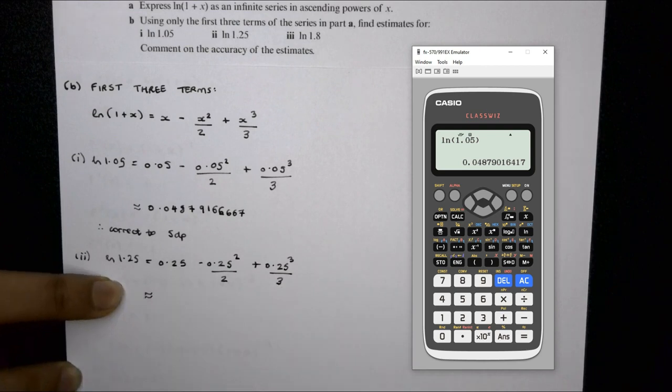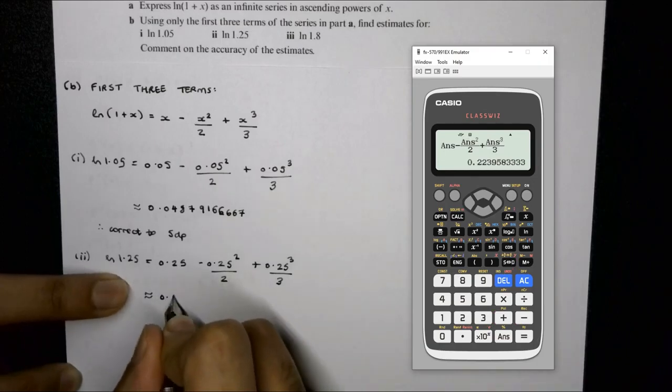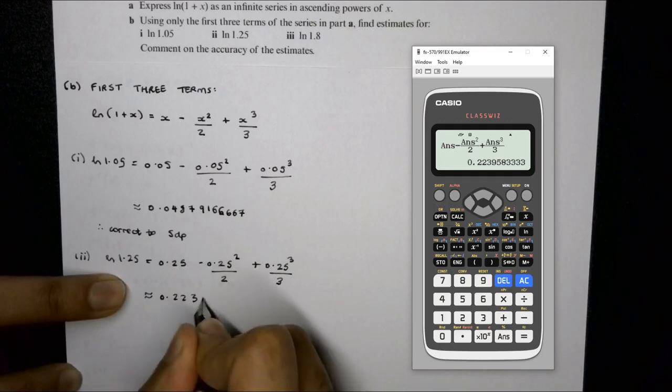So if we work all of this out, we've got the 0.25 already, and then we subtract off this squared, divide 2, plus this cubed divided by 3.